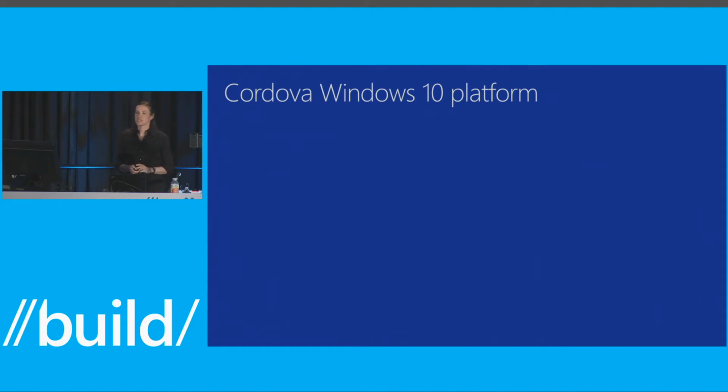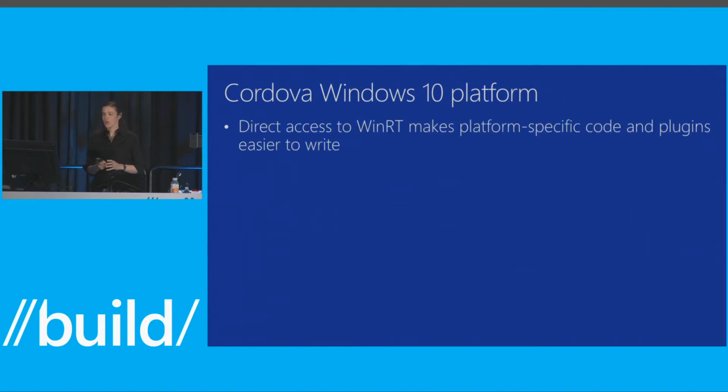The Cordova Windows 10 platform has several differences between it and the previous Windows platform support and other Cordova platforms like iOS and Android. One is part of the Windows 10 platform design is that you can access WinRT from JavaScript.